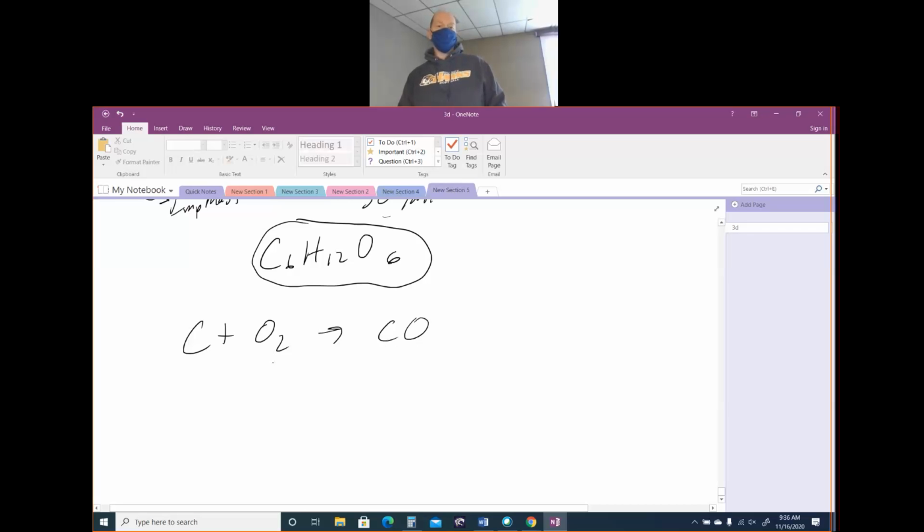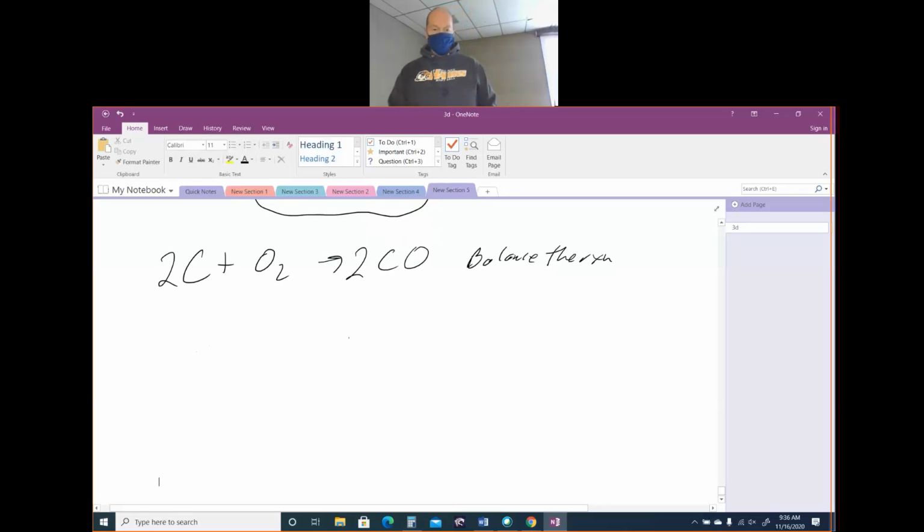Carbon monoxide, that's fine. All right, and so put a 2 here, put a 2 here. You have a balanced chemical reaction. So the first thing you have to do is balance. Normally they're balanced. You should always check to make sure that the equation that you're given is balanced.